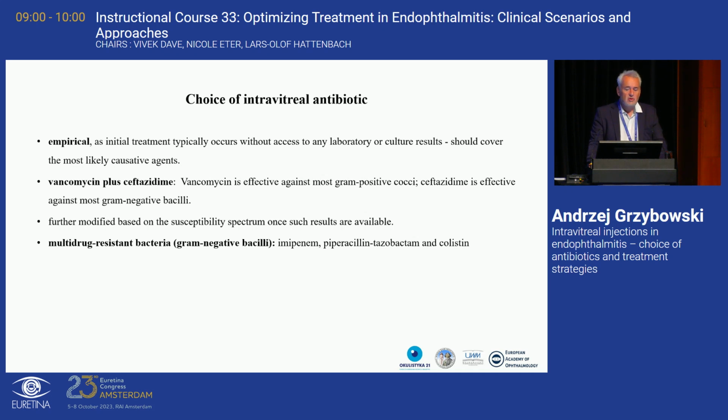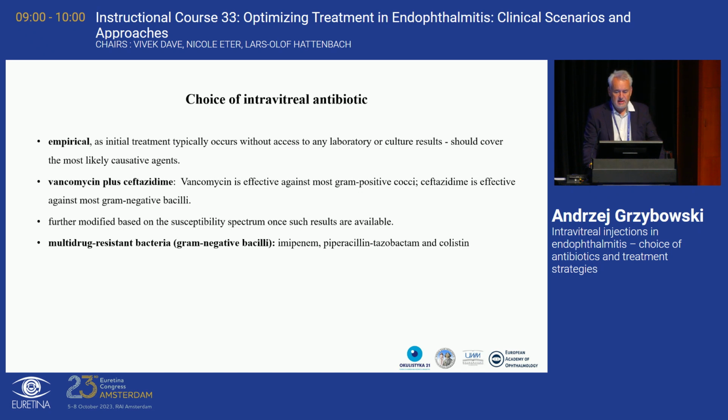So the choice of intravitreal antibiotic is mostly empirical, as initial treatment typically occurs without access to any laboratory or culture results, and should cover the most likely causative agents. So it is usually vancomycin plus ceftazidime, as I mentioned.